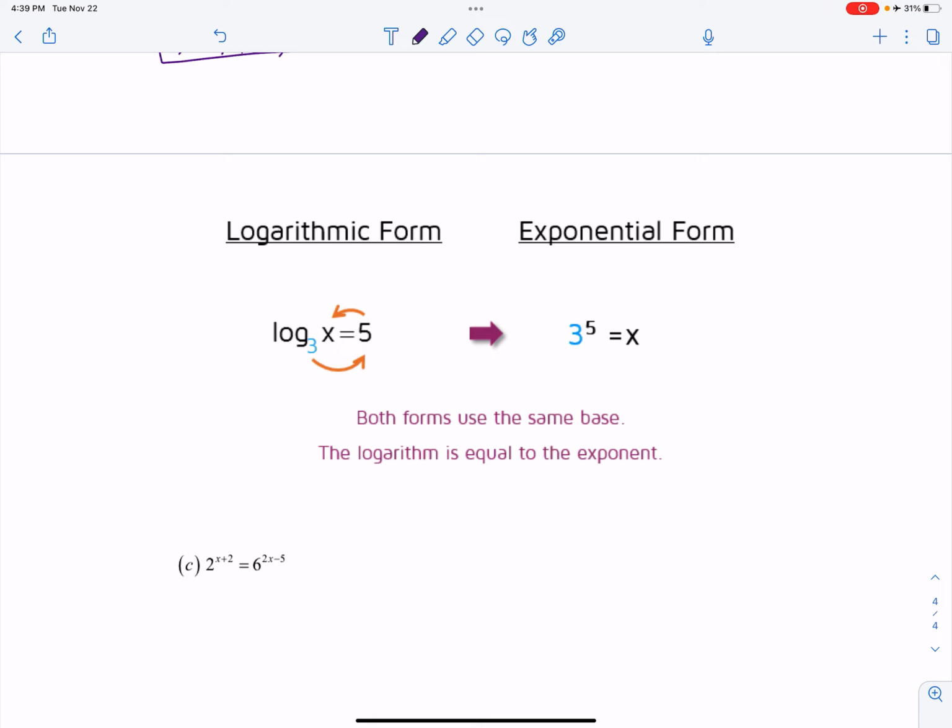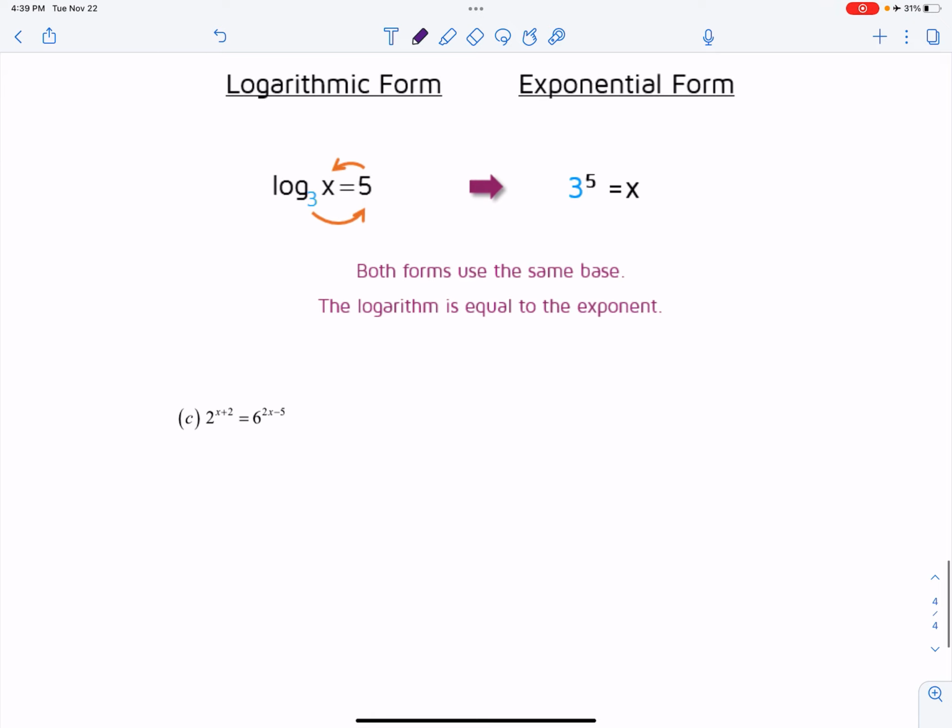Okay. Our last example, 2 to the x plus 2 power equals 6 to the 2x minus 5. Now this one is a little bit tricky because if we look closely at it, we've got exponents with variables on both sides of our equal sign, but that's not the tricky part.